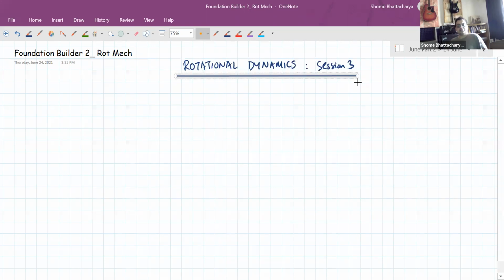Okay, so what we learned last time is that when a rigid body is in pure rotation, the kinetic energy of such a body is given by the formula half I omega square.